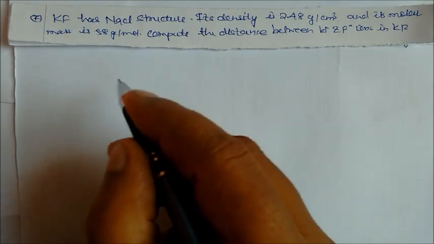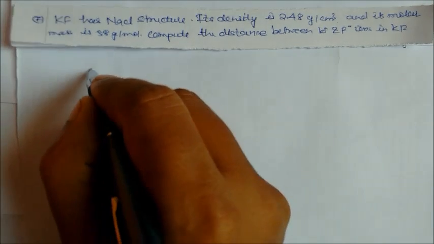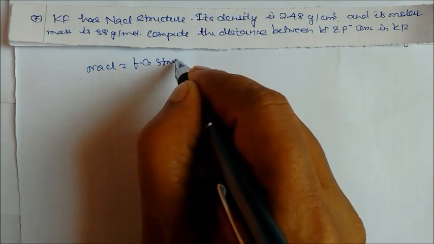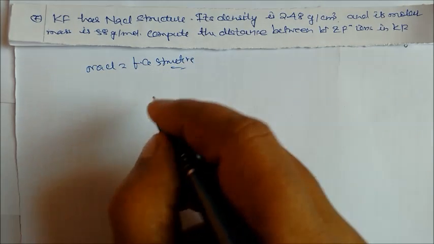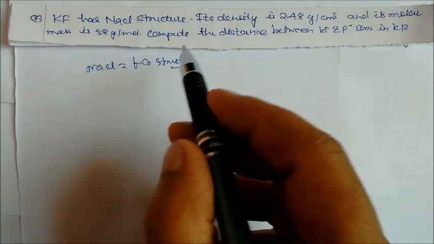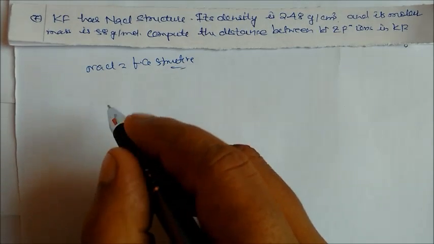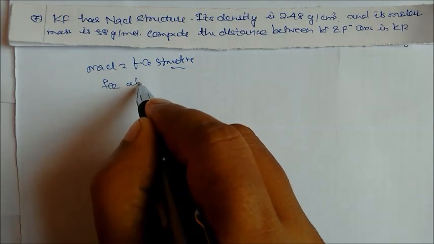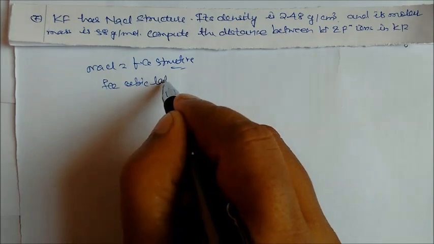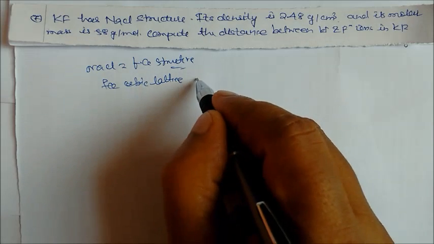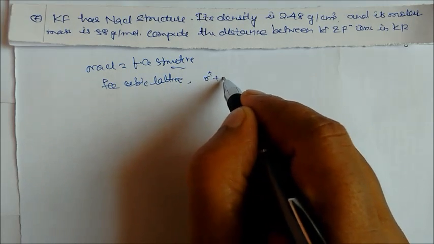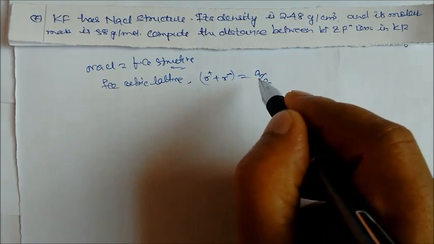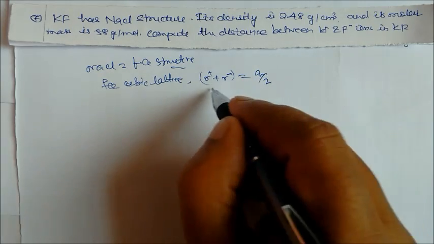So here, since NaCl has FCC structure, we can say it is a face centered cubic lattice. In an FCC cubic lattice, the distance between cations and anions is equal to half of the edge length of the unit cell. So this is basically our formula.